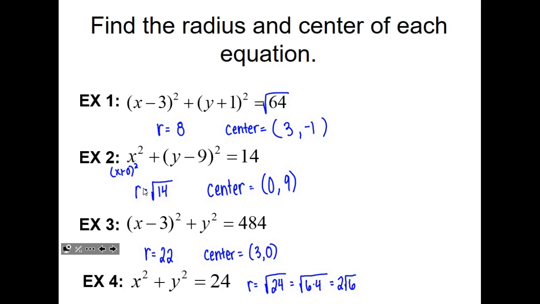I don't really care whether you give me square root of 24 or 2 square root of 6, but if it is multiple choice, they're probably going to put 2 square root of 6, and the answers in the back of the book probably put 2 square root of 6.